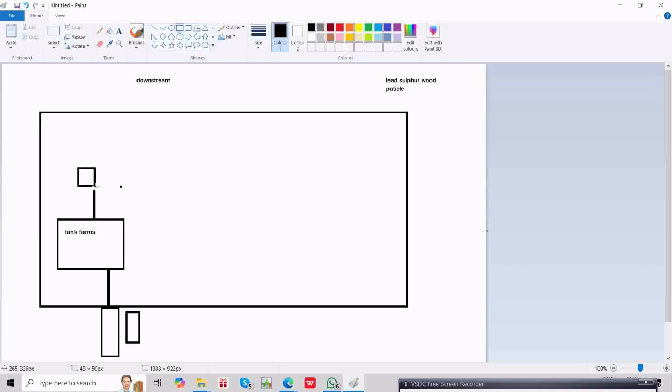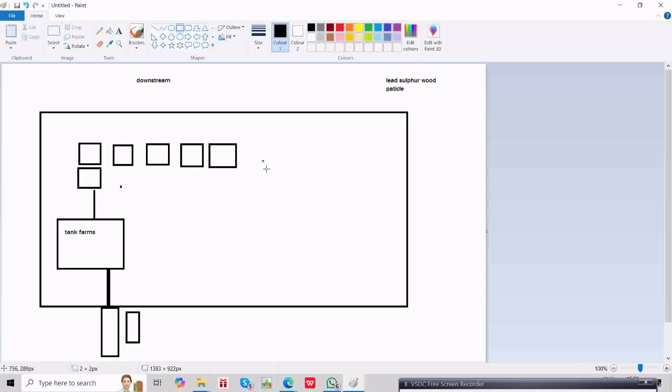There will be multiple units, one, two, three, similarly 4, 5, 6, so many units will come. One more thing: the number of units depends on the amount of impurities. If you have a crude which is high in impurity, you need a greater number of units to separate those impurities. You got my point?